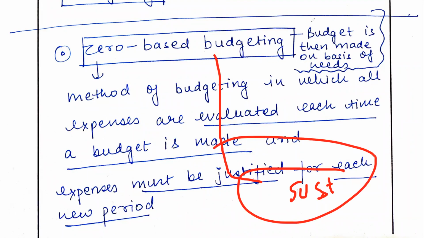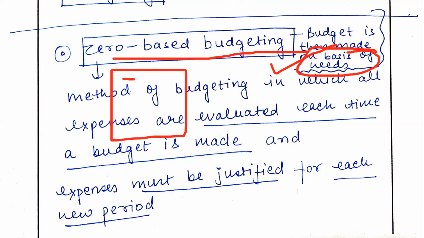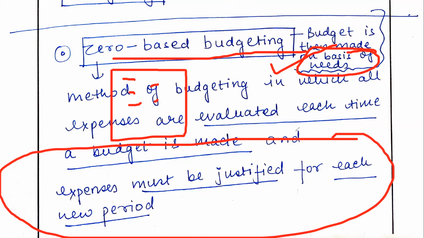Budget is made on the basis of needs. फालतू का खर्चा नहीं होता है. There is no फालतू का खर्चा in zero based budgeting. Whatever your need list is made of needs, and then expenses are disbursed. कि जो आपने need बताया उसके हिसाब से I'll be disbursing the income, disbursing the expenses. Okay.